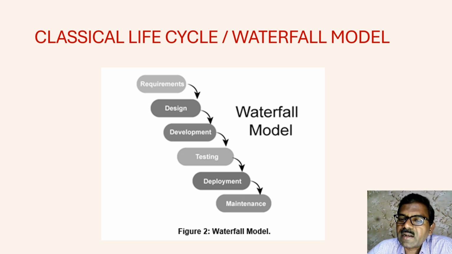It goes from requirement to maintenance in a similar fashion as defined in the SDLC life cycle, but it is a waterfall because you finish requirement, then you go for design, you finish design, then go for development, testing, deployment, maintenance. So it is a straight flow, like water falling from a waterfall, right?